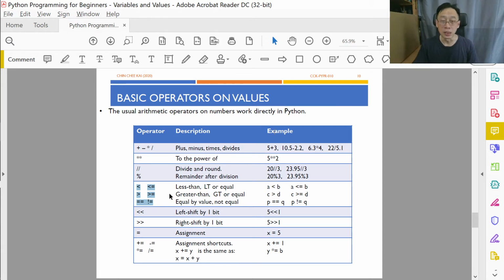Now notice the equal sign here. This is double equal. Double equal compares whether they are equal or not, asks a question and returns a Boolean answer, true or false, rather than a single equal, which is actually an assignment. So be very, very careful of that, especially when you are doing your first few programs.